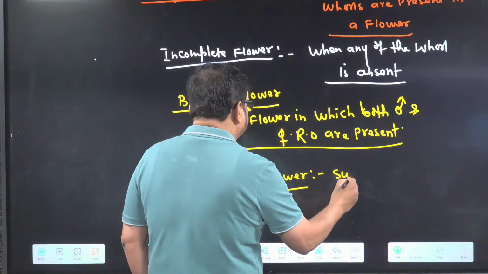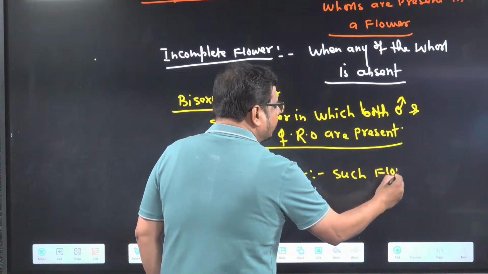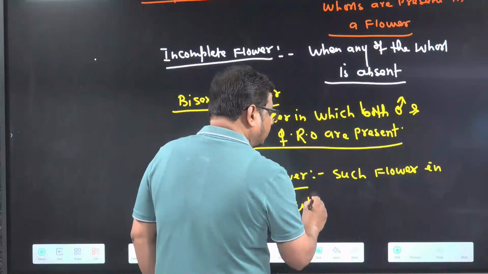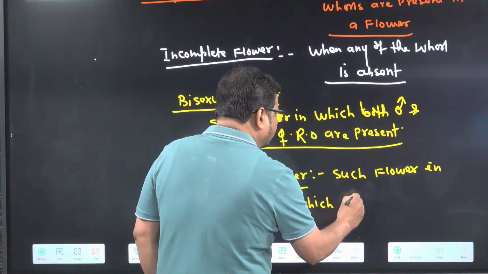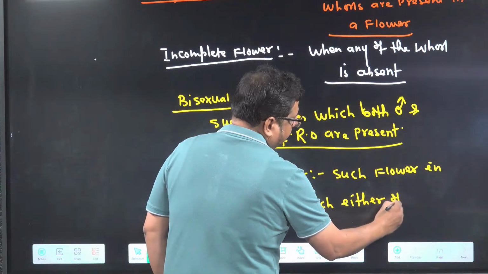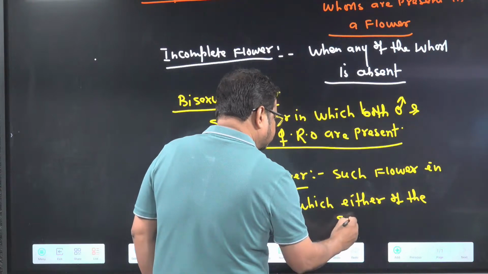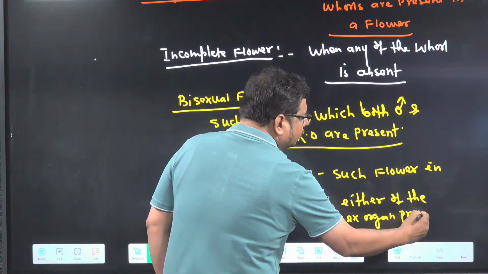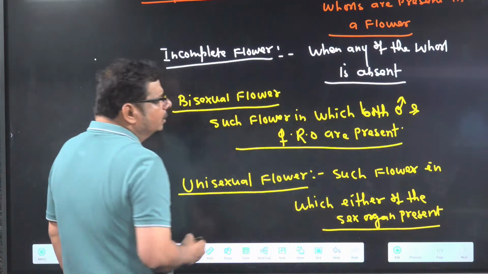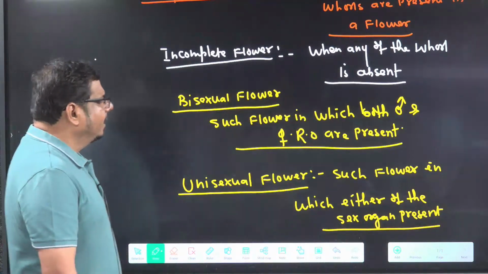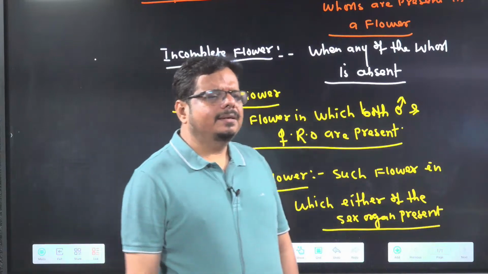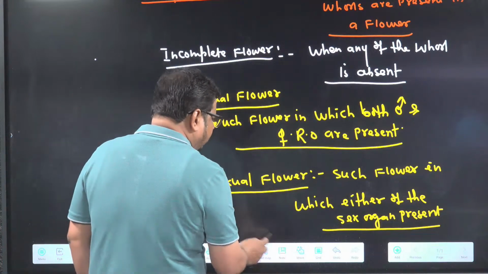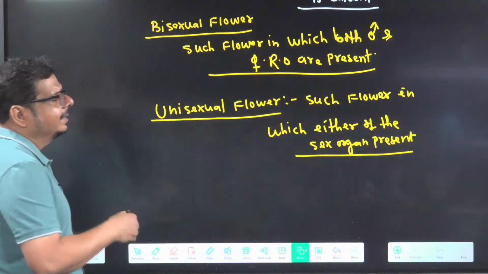Such a flower in which either of the sex organs is present, means out of two, only one sex organ is present. Either the male reproductive organ is present or the female reproductive organ is present. Such a kind of flower is called which one? Unisexual flower.